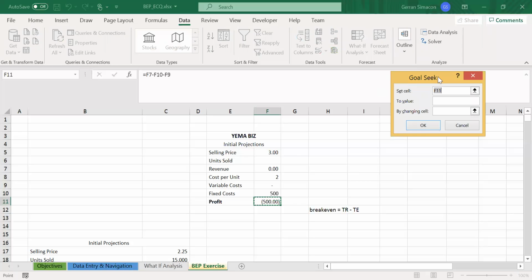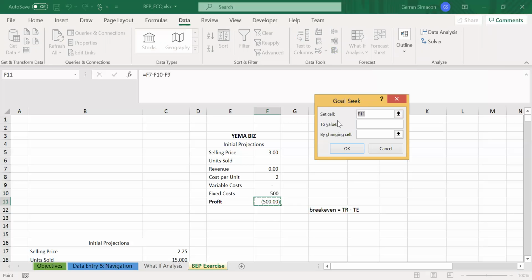Now, naigamay nga pop-up window. Let us set the cell. This one, set the cell to value 0. Diba? Gusto ta mag-break even. Ang atong goal karon kay ang profit is 0 para mag-break even siya.